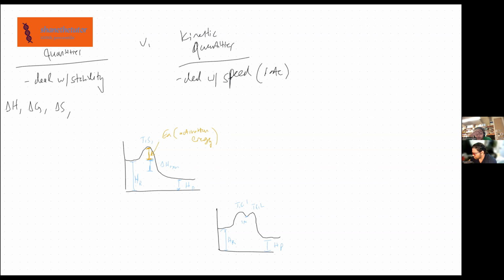Examples of this would be activation energy. Remember when you said temperature affects everything? It could also be temperature, because if you heat a reaction, it'll go faster. So things that have to do with speed or rate will be kinetic, and things that have to do with stability will be thermodynamic.